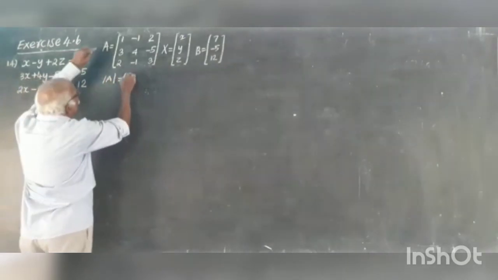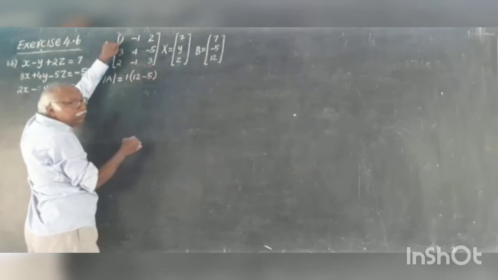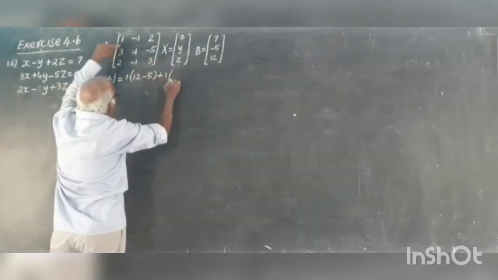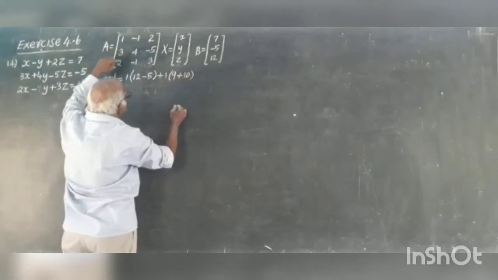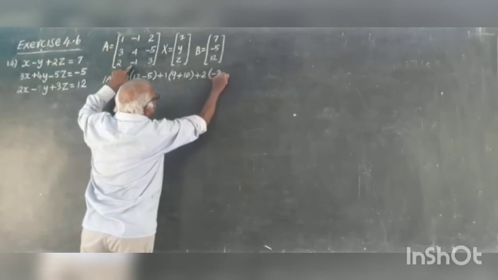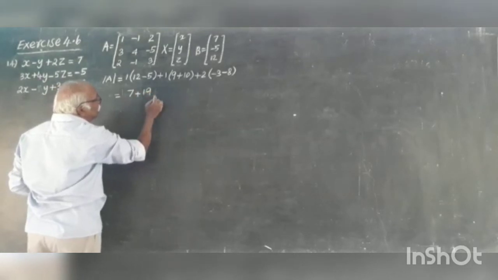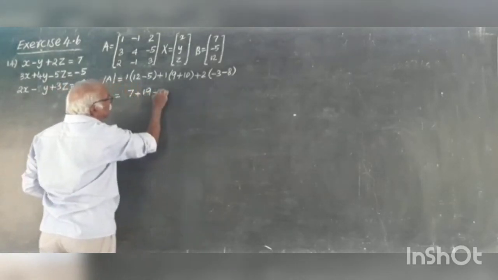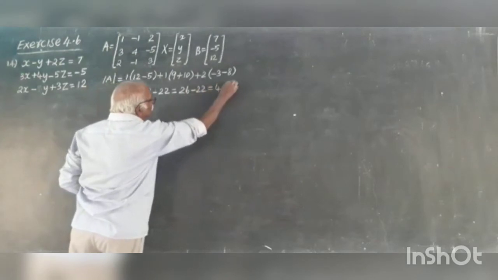Then write determinant A. Determinant A: 1 into 12 minus 5, minus of minus 1 plus 1 into 9 plus 10, 9 plus 10 plus 2 into minus 3 minus 8. 12 minus 5 is 7, plus 19, minus 11 into 2 is minus 22, is equal to 26 minus 22, 4, not equal to 0.